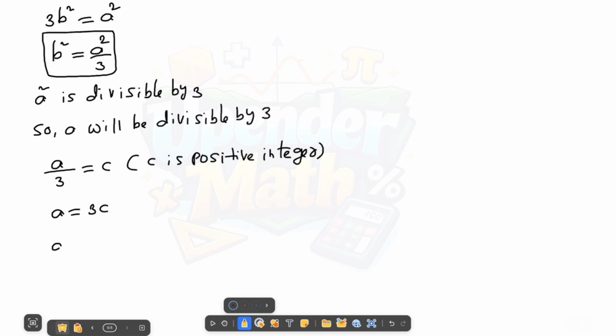Now squaring on both the sides. a square is equal to 3c whole square. a square is equal to 3 square, that is 9c square. Now replace a square here. What is the value? It is equal to 3b square, right? Where did we find it?